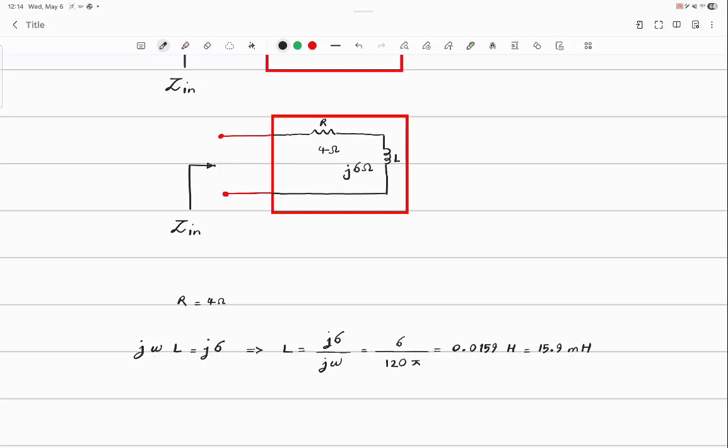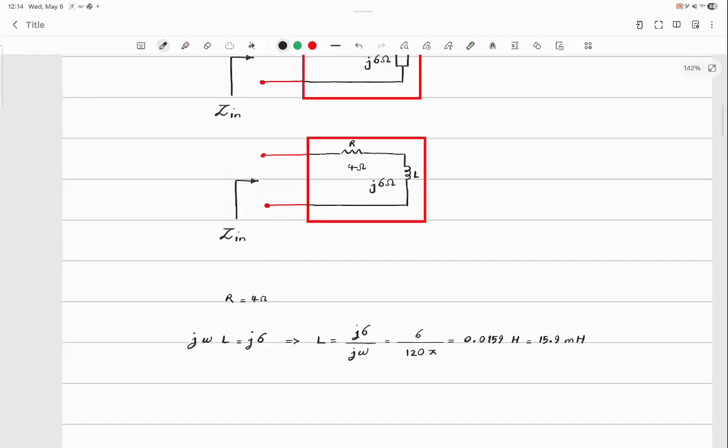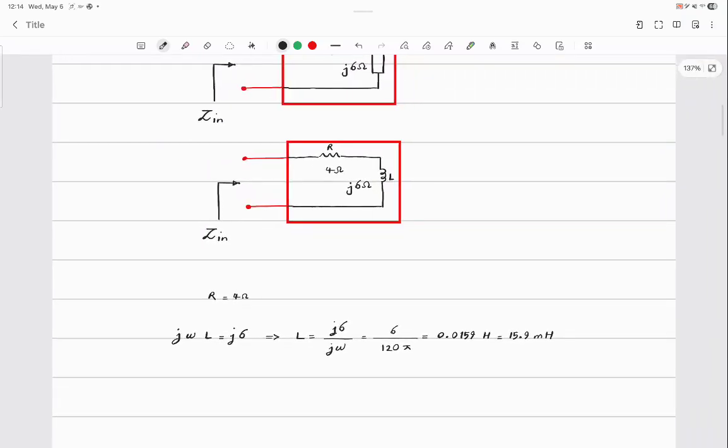Any problem with understanding this? No? If you have a problem, this is the time and place to ask. Okay, now, are we sure that what's inside the block is a resistor and an inductor in series? Could be thousands of elements.